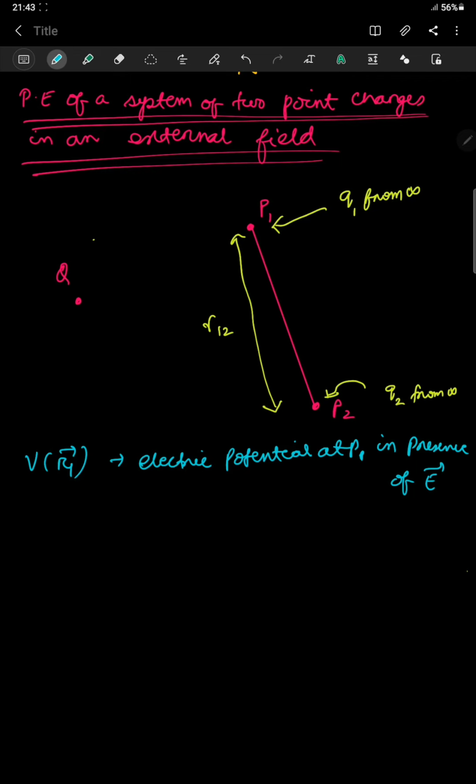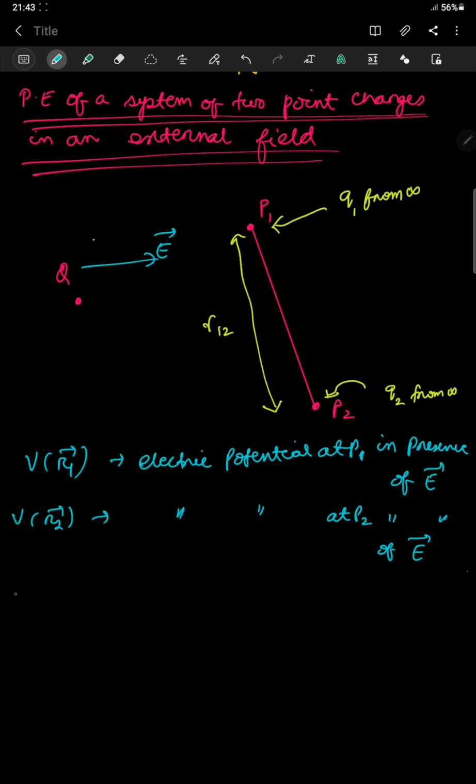Who produces the electric field? The source charges produce the electric field. Okay, then what is v(r2) vector? This is the electric potential at p2 in presence of your electric field.